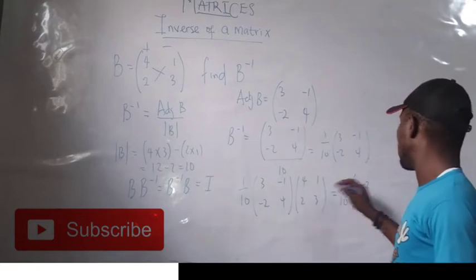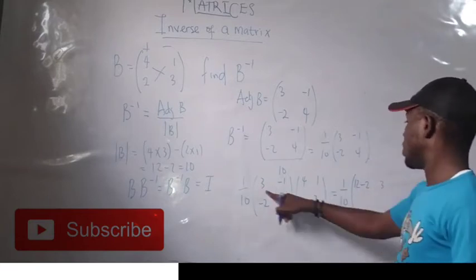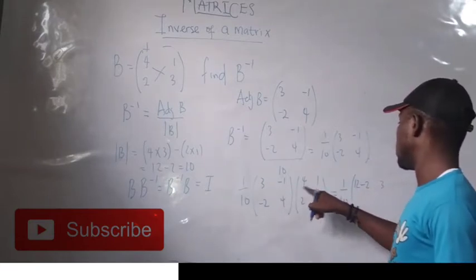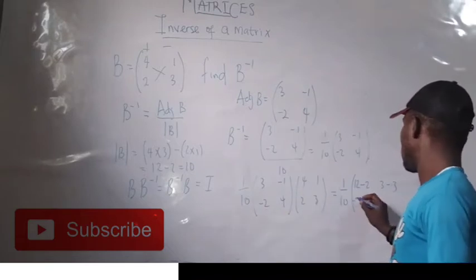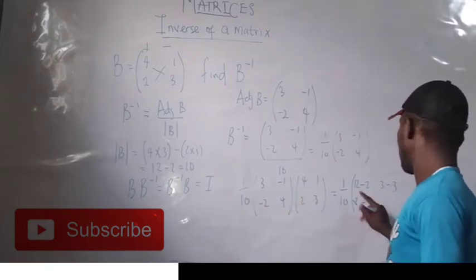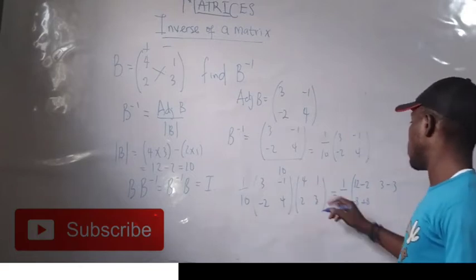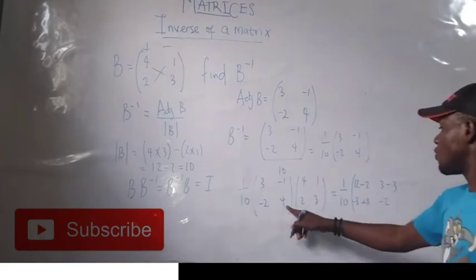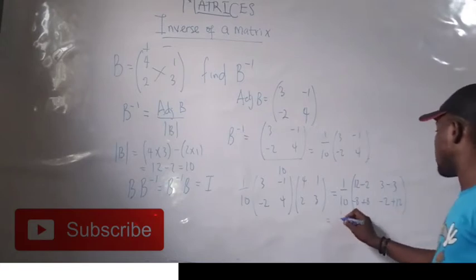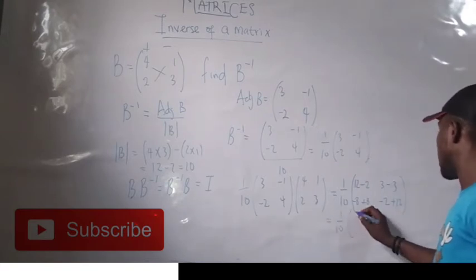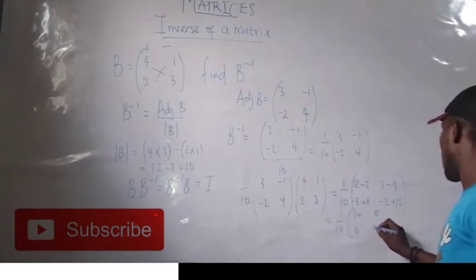Then row times column: 3 times 2 is 6... rather, 3 times 1 is 3, minus 1 times 3 is minus 3. Minus 2 times 4 is minus 8, and 4 times 2 is plus 8. So I have minus 8 plus 8. Then minus 1 times 2 is minus 2, and 4 times 3 is 12. So at the end, I have 1 over 10, open bracket, 10, 0, 0, 10.